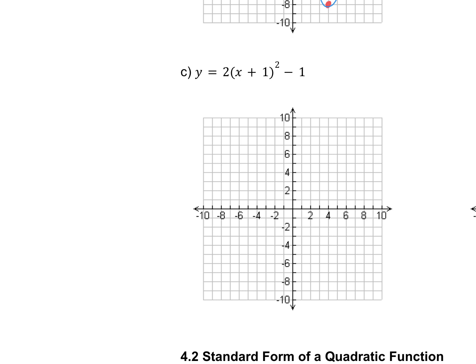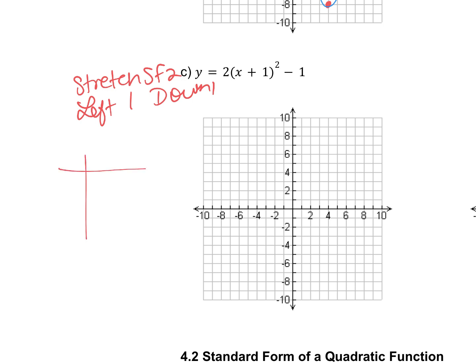Okay, this one. This is a stretch, the scale factor of 2. Left 1, down 1. So remember, whenever you have a stretch or a shrink, this is how we like to do it. Usually you have over and then up.